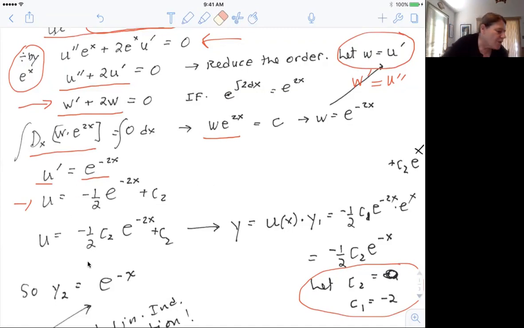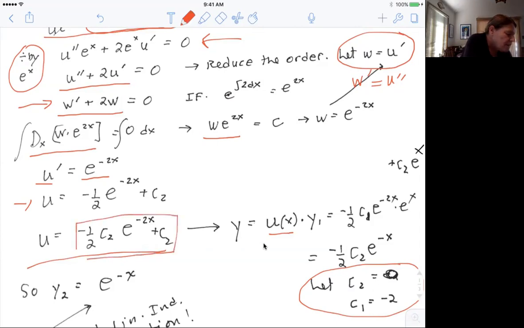So there's my u right there. And this is where it gets starting to look a little nicer. My u, remember, was my guess times the original function, about what my new linearly independent solution should be. So I'm going to take this u and multiply it by y1.